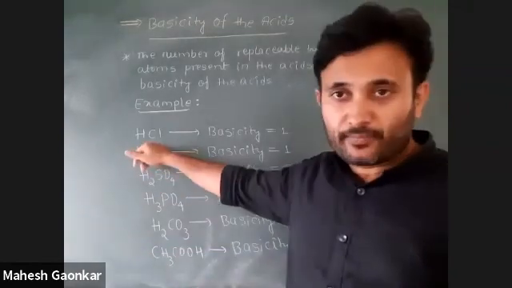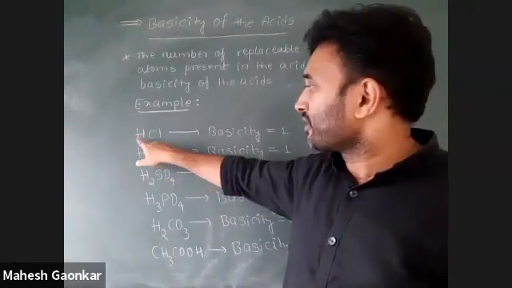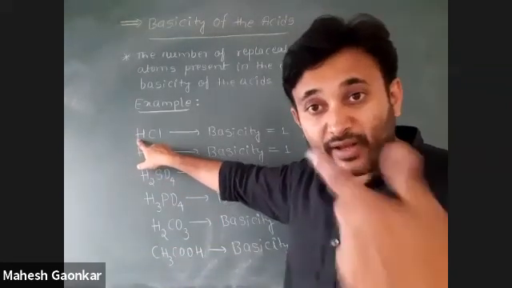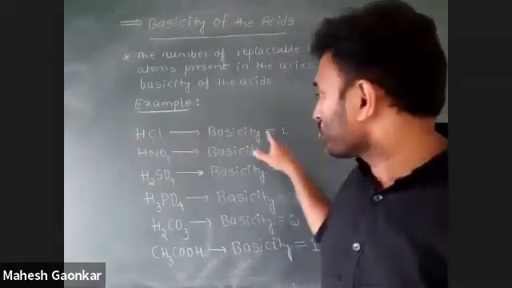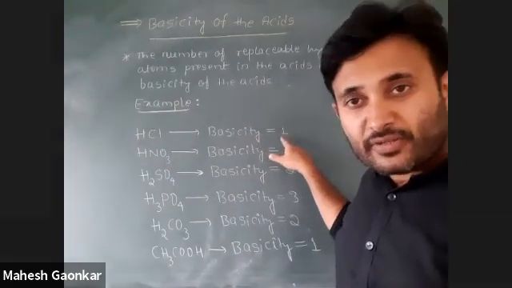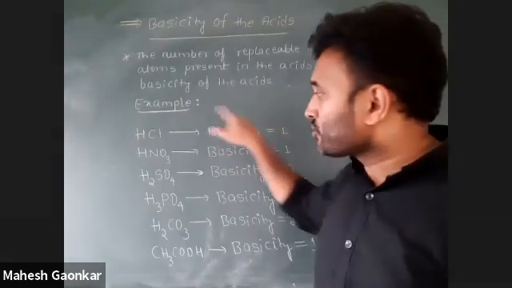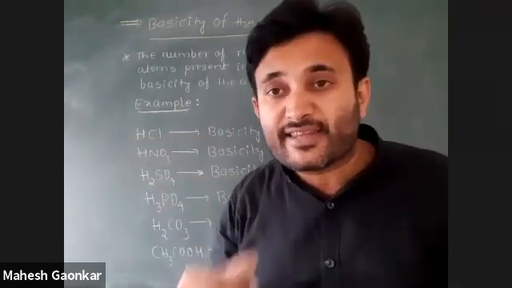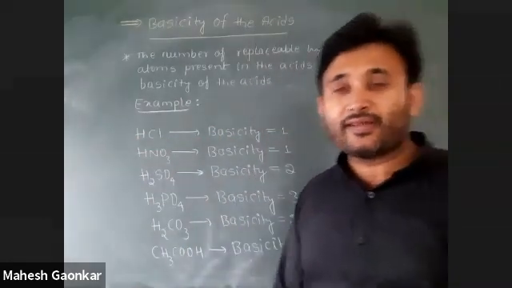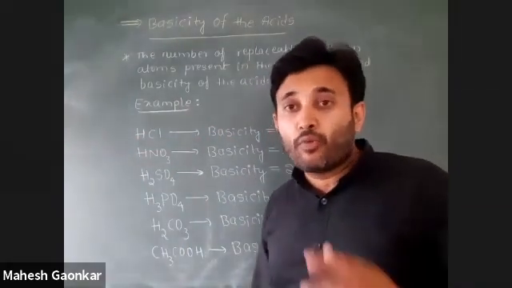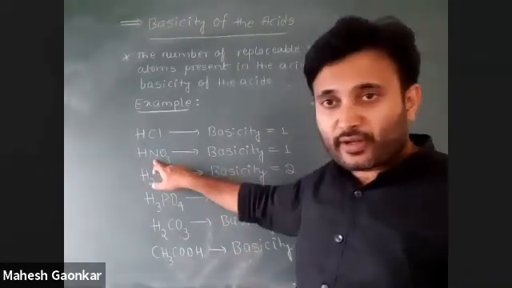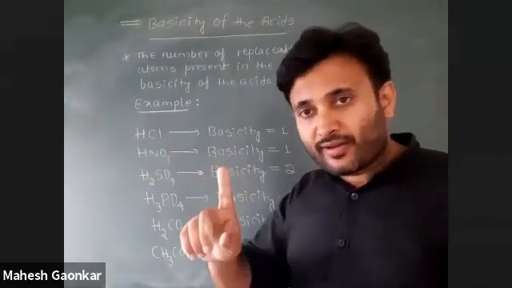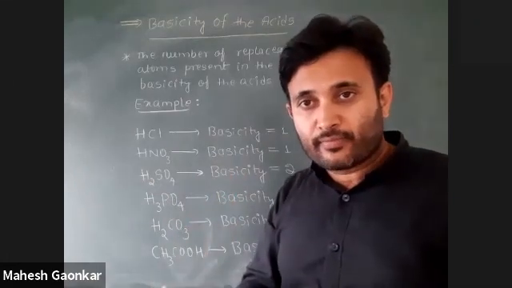Take HCl. In HCl, there is one hydrogen atom that can be replaced. Therefore, the basicity of HCl is 1. Since its basicity is 1, it is also called a monobasic acid. HNO3, here also there is one replaceable hydrogen atom.